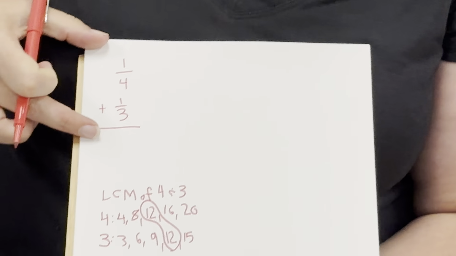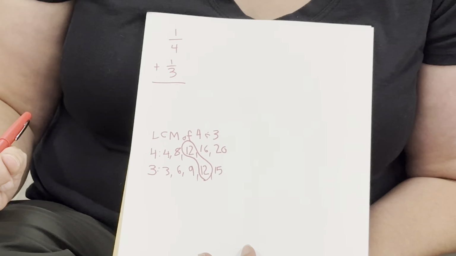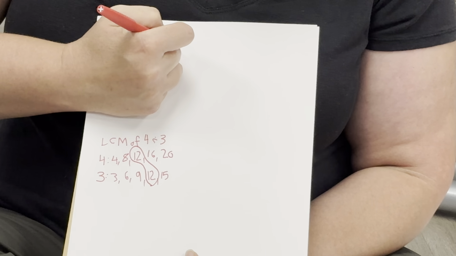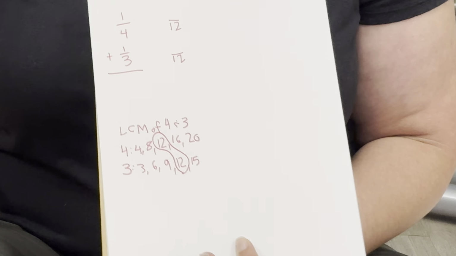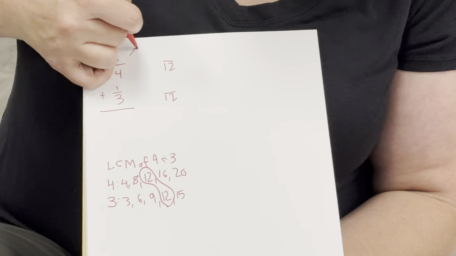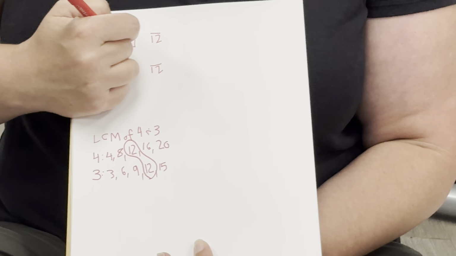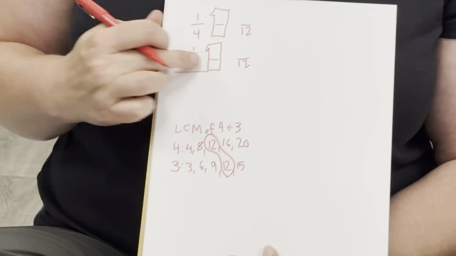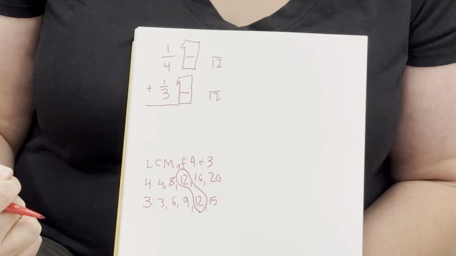All right. So we know that we need to change both of these fractions so that 12 is the denominator. So I'm going to leave a little space, and over here I'm going to write 12 as the denominator. Any number multiplied by 1 is the same number. That's right. So we have to figure out what goes in our 1 costume so that we get 12 as the denominator.